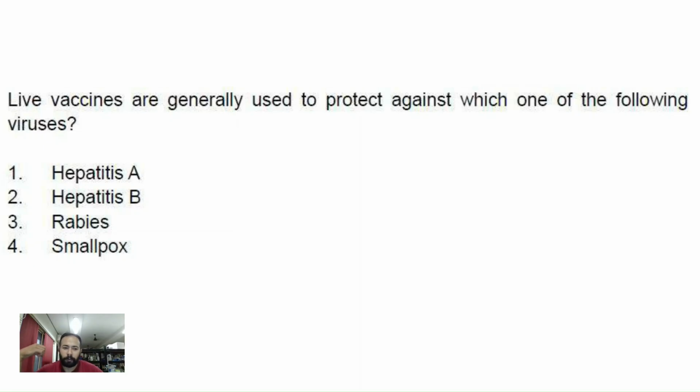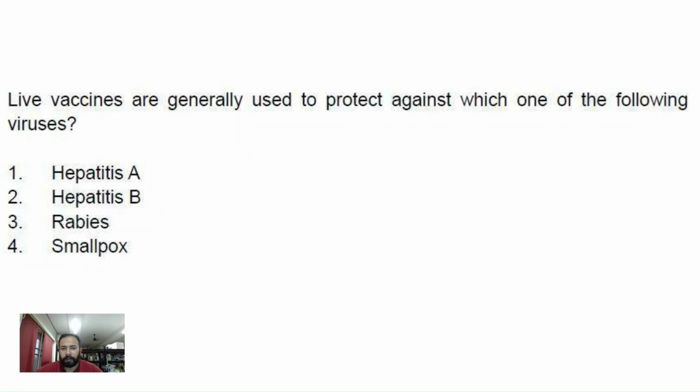So what he did was he took pus from one of the milkmaids as an inoculum and inoculated an 8-year-old boy. So that was the first modern use of vaccine. And the word vaccine comes from the Latin vacca, which means cow.